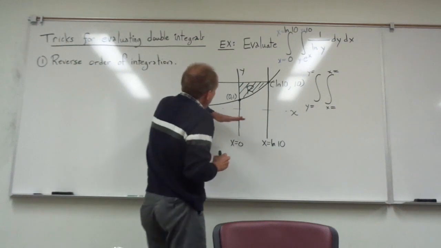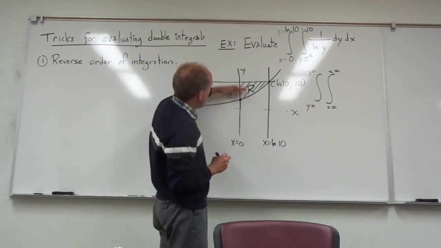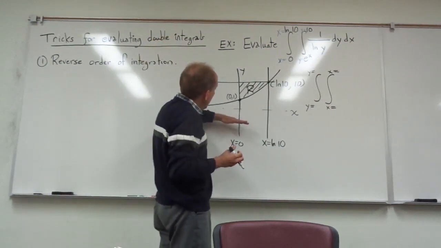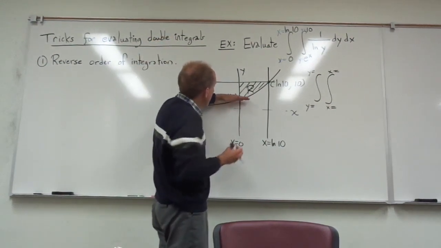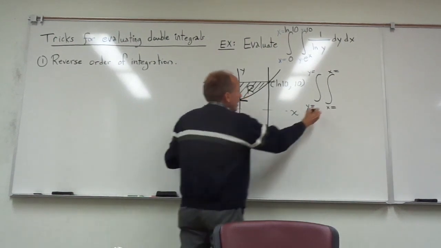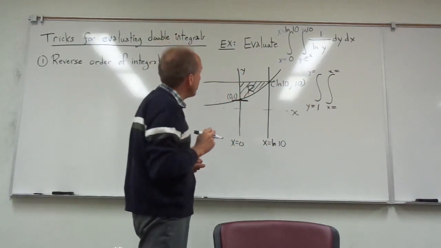Now you can see, if we look at the y-axis here, where does the region occupy space with respect to the y-axis? Well, it's not here, it's not here, it's not here. We first hit it right here at y equals 1. Remember, the outside limits of integration always have to be constant numbers.